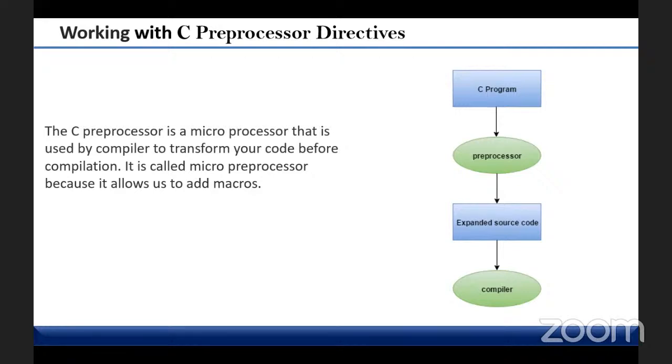To process your program, the compiler should understand what your variables are, what your header files are, and what functions you have used. Are those functions available in the particular header file or not? Like stdio.h, string.h. If you have used strcat in your program but not included string.h, your program says the strcat function is not available.